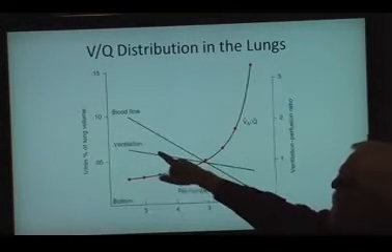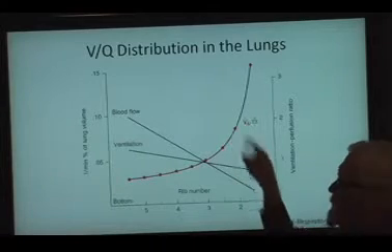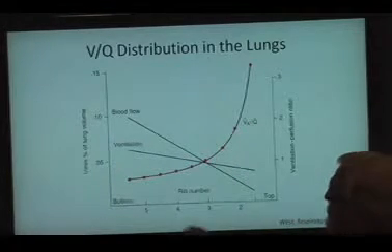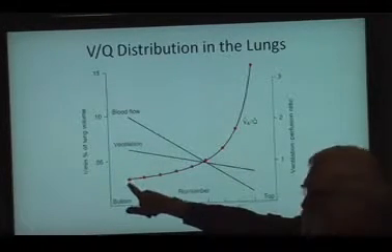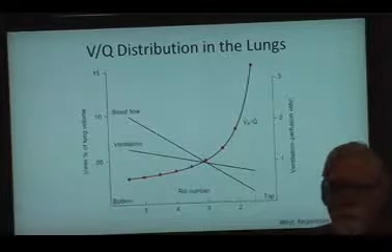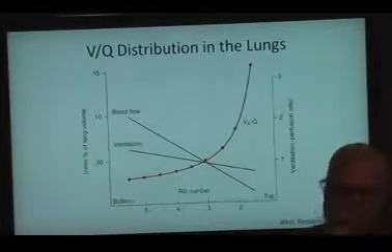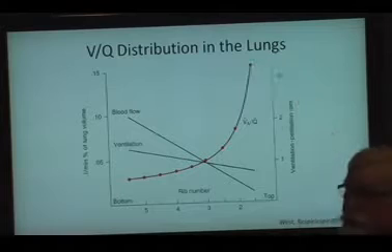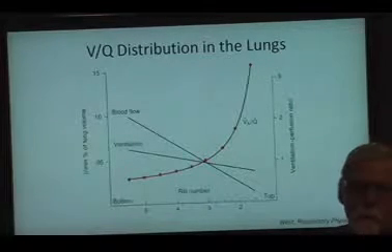If you compare ventilation to blood flow, VQ, there is a lower VQ at the bottom of the lungs, so a shunt-like effect at the bottom, and a dead space effect at the top of the lungs.